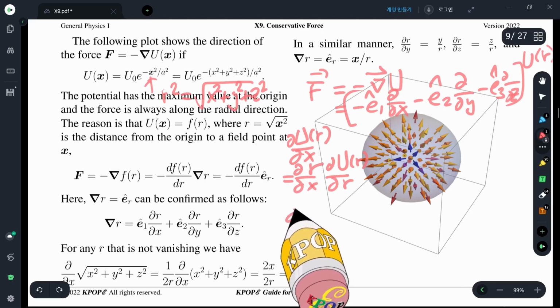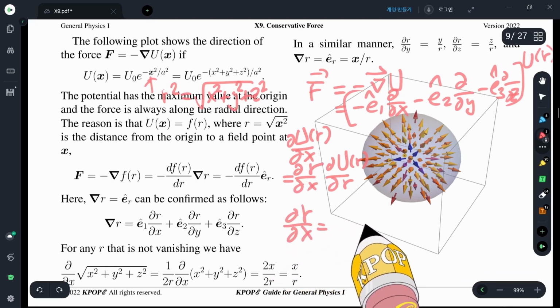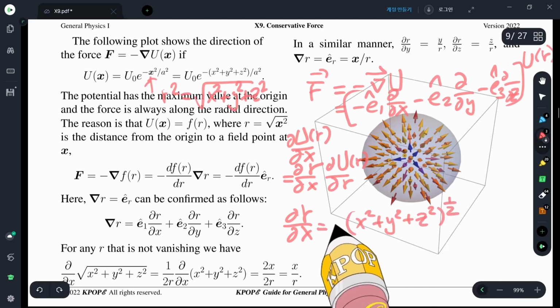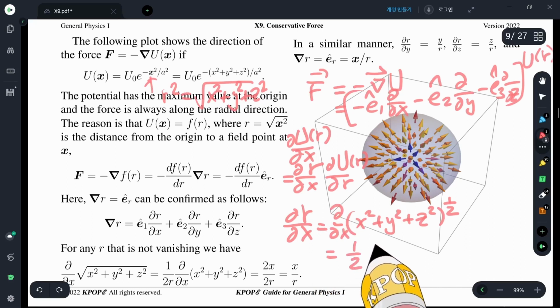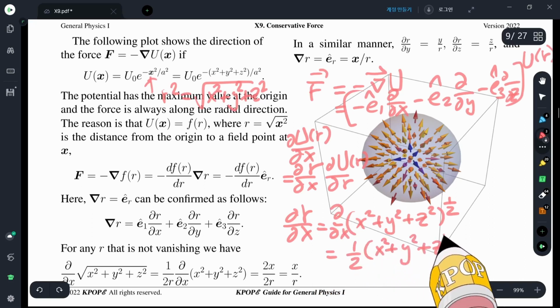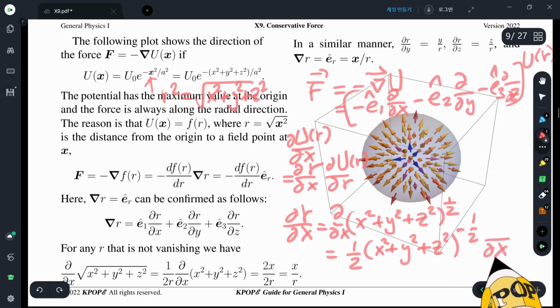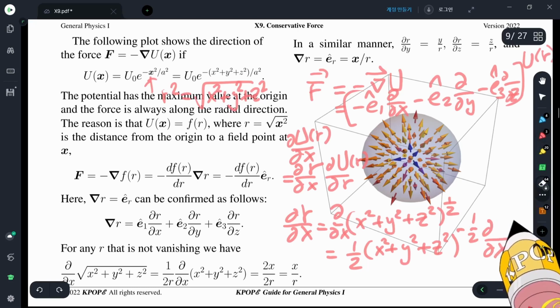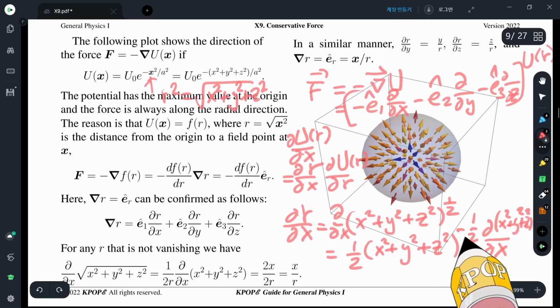And what happens to r's x derivative? r is the square root, so this is 1/2 times x squared plus y squared plus z squared to the power of minus 1/2, times the derivative of x squared plus y squared plus z squared, which is 2x.